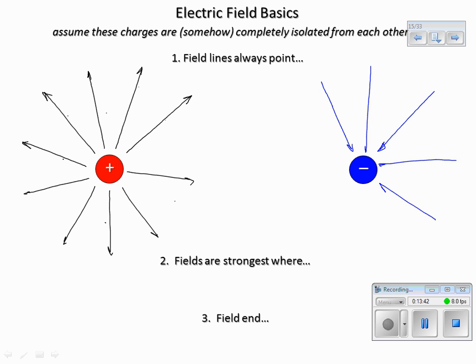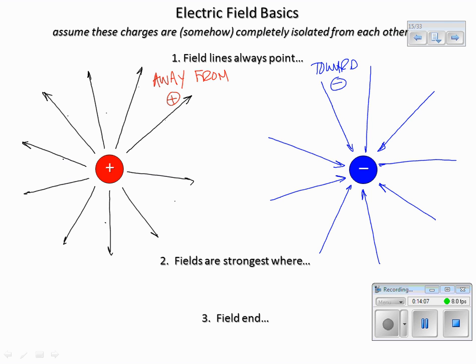So that defines the convention for electric field direction, right? We already said, sure, it points in the direction of the force that a positive charge would feel, but we can simplify that maybe to say electric fields point away from positive charge, and electric fields point toward negative charge.